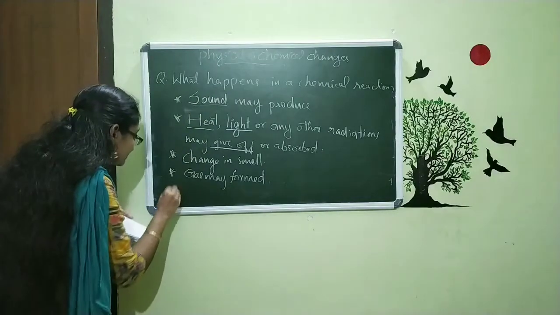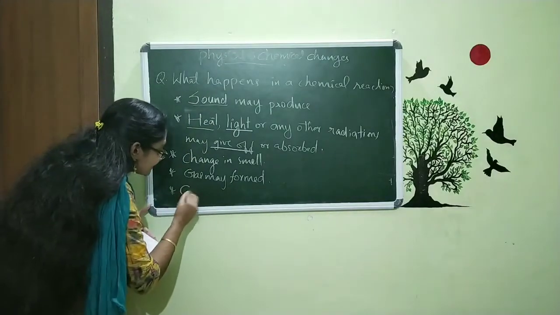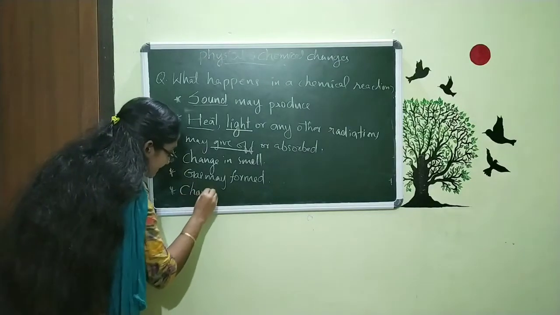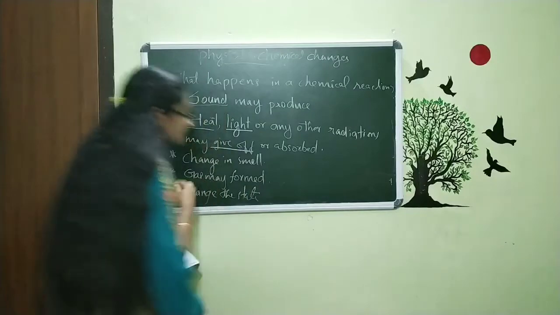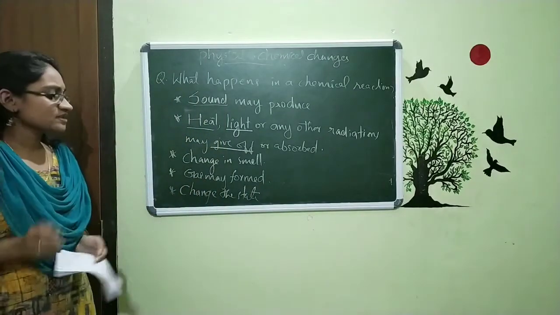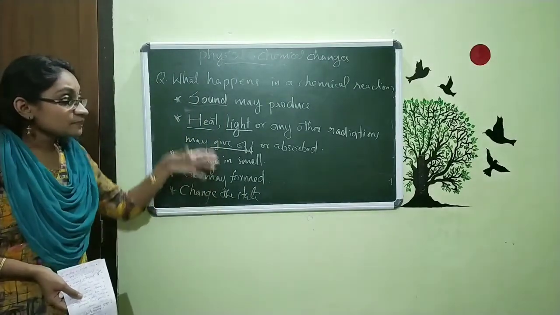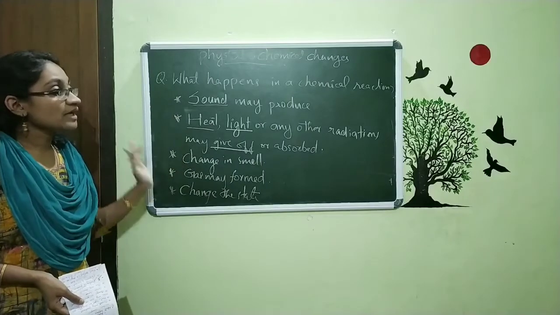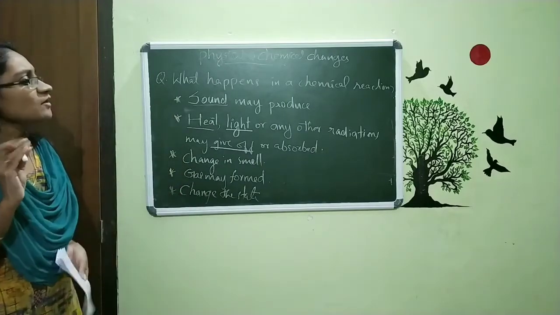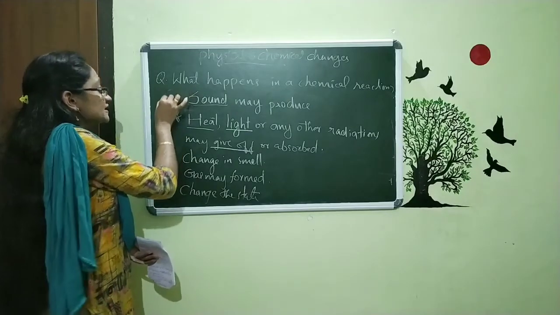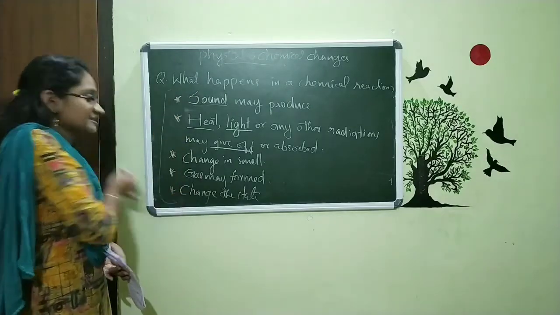And also one thing, the state may change. Sometimes what was in one state before may be in a different state after. So these are some of the things that happen within a chemical reaction.